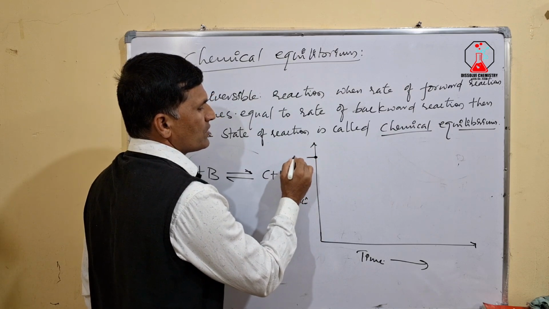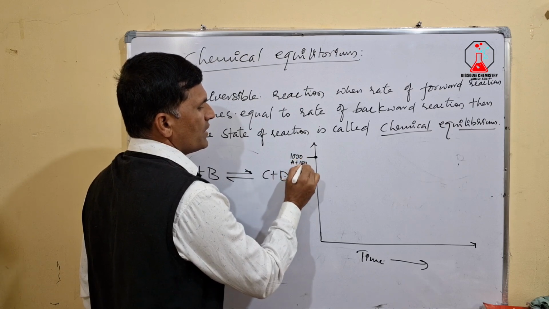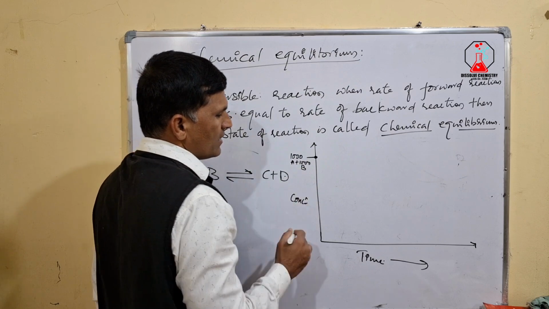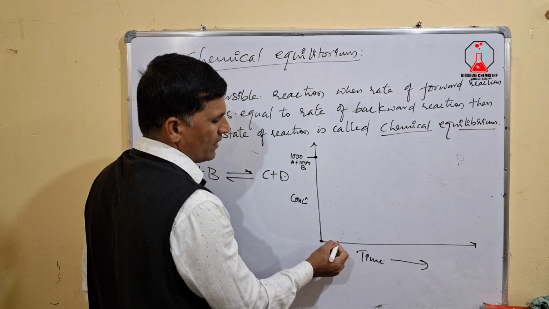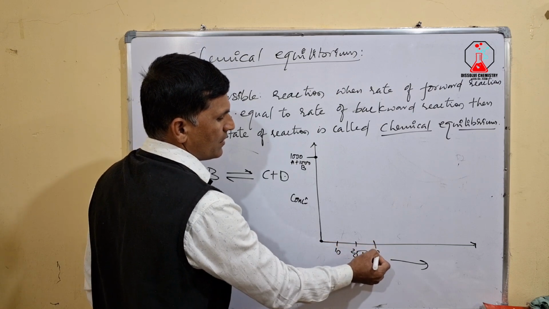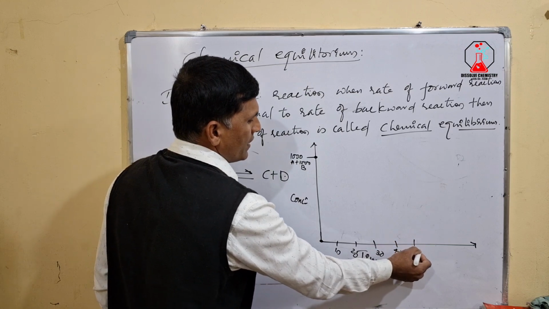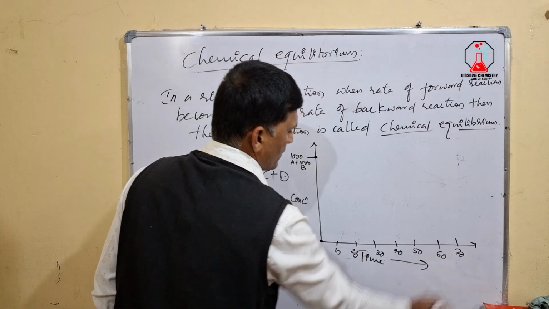Say for example 1000 each, we have taken 1000 A plus 1000 B in the example. So now what happens as the time progresses and your C and D at time 0 interval. Okay, so this is 10 seconds, this is 20, 30, 40, 50, 60, 70 we will take, right?